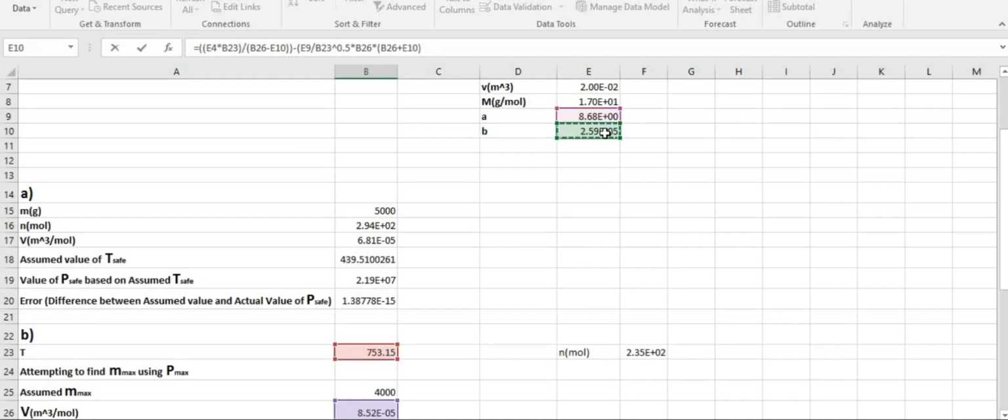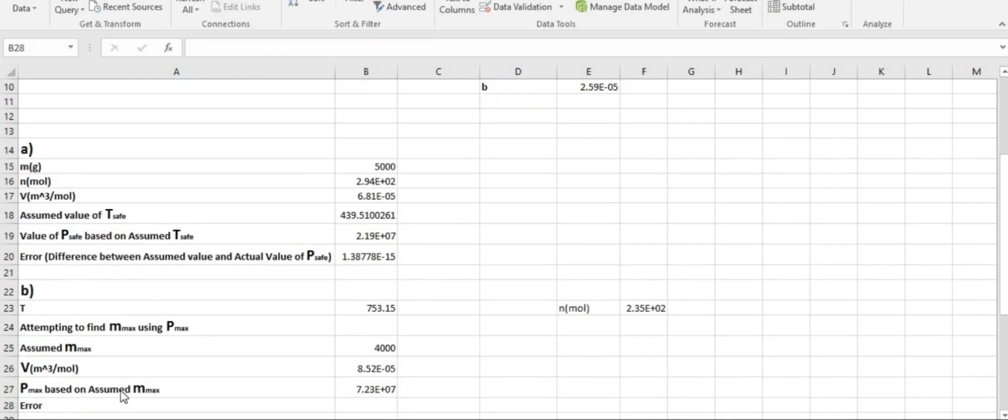So we close this bracket, close that bracket, and remember this denominator is supposed to be under a bracket, so we'll have to close the third bracket.